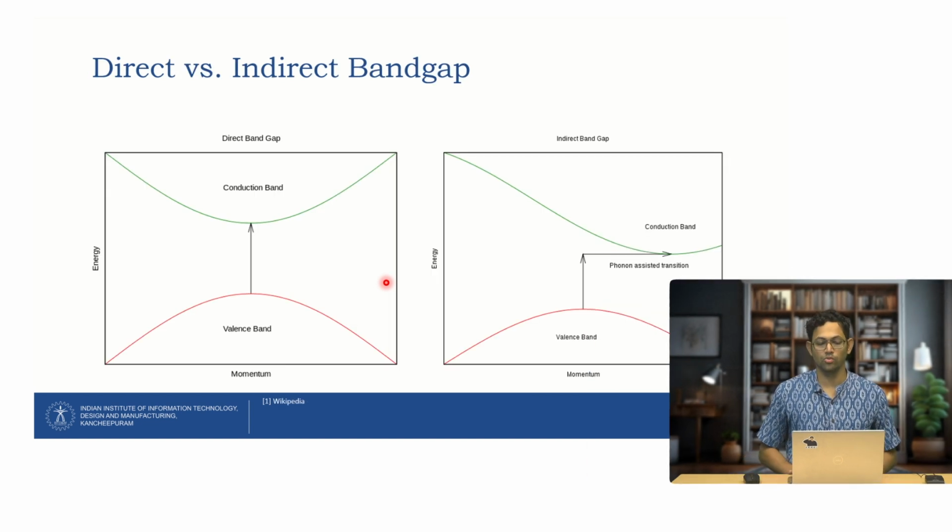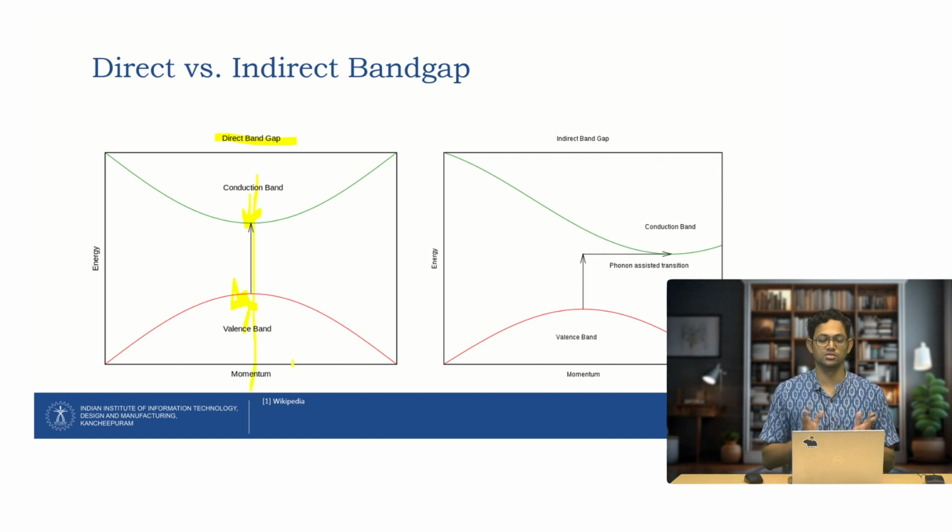Now, when do we actually get emission? This is not always the case. It is only the case where we have a direct band gap. On the left-hand side, you can see a conduction band and a valence band where the peak and the trough match each other on the same axis, at the same momentum.